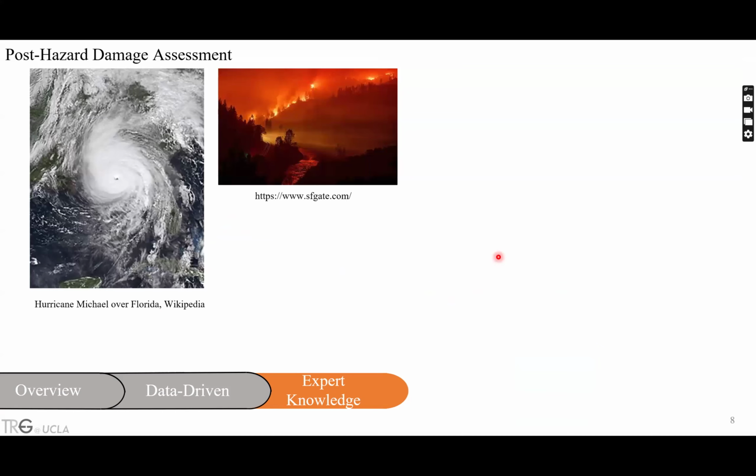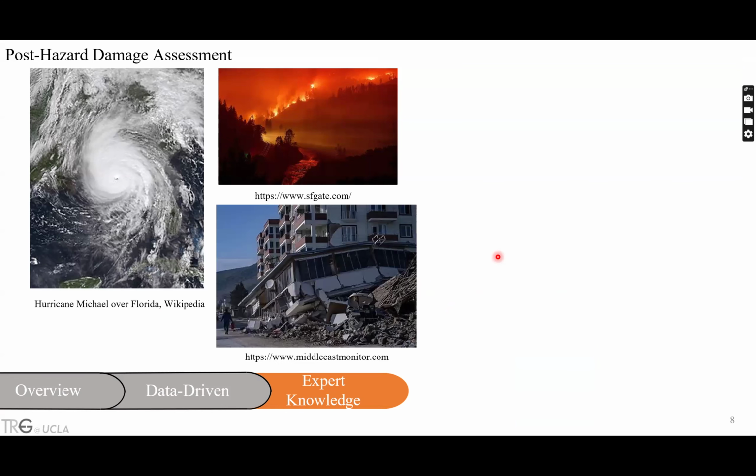The same is true for post-hazard damage assessment. For example, when we have a large hurricane or a big wildfire, traditionally they dispatch some experts to look at the buildings, go in front of the building, and take some street view images to assess how much the damage is, which helps with the mitigation and recovery stages.